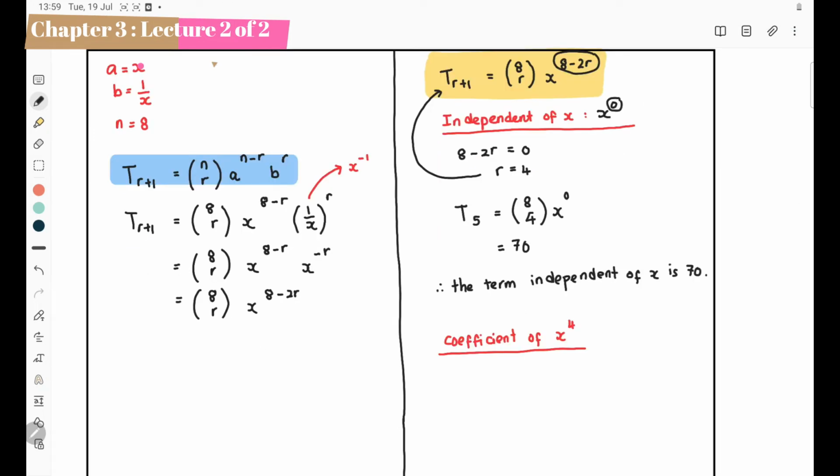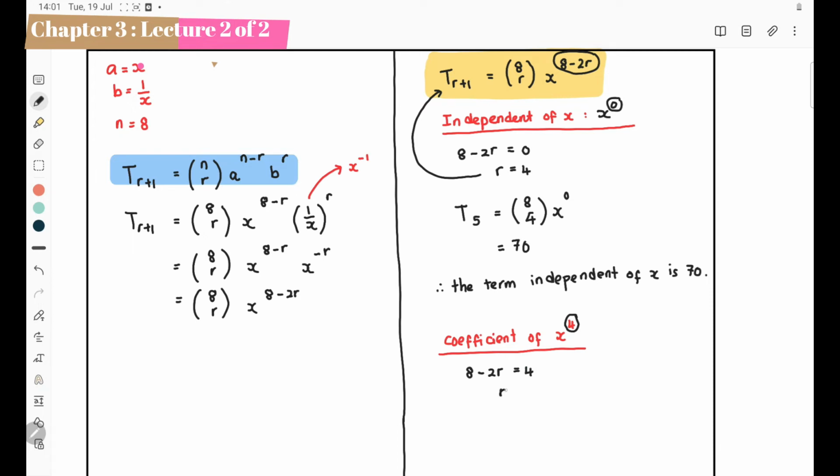For question B, the coefficient of x to the power 4, we will equate 8 minus 2r with 4. So we get 8 minus 2r equals 4.